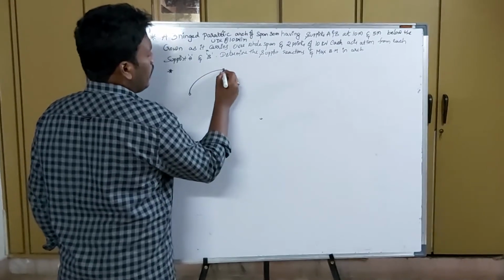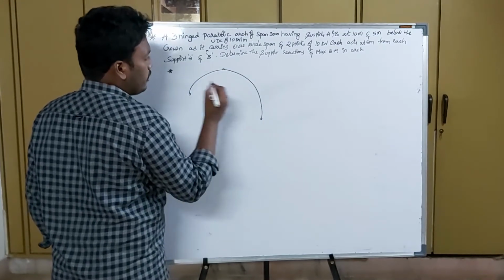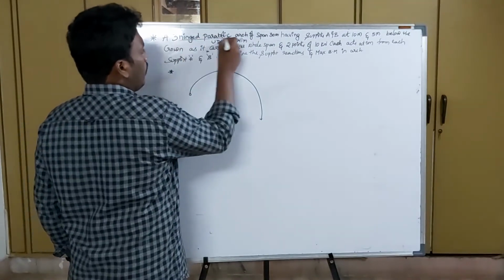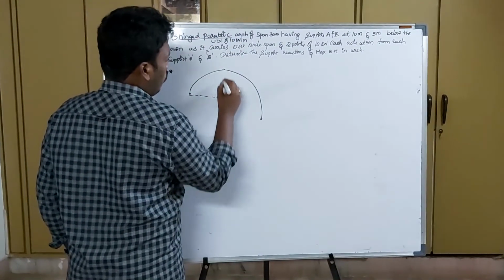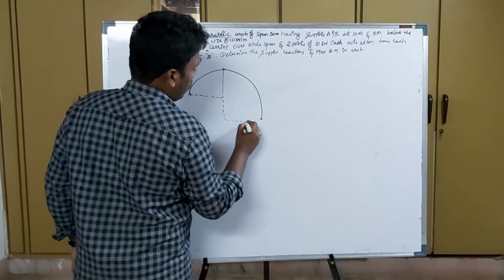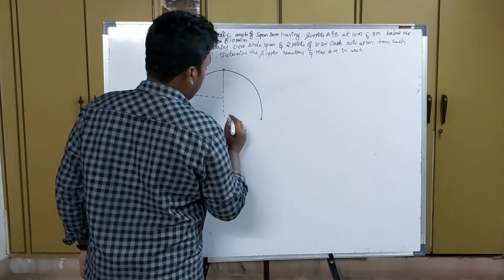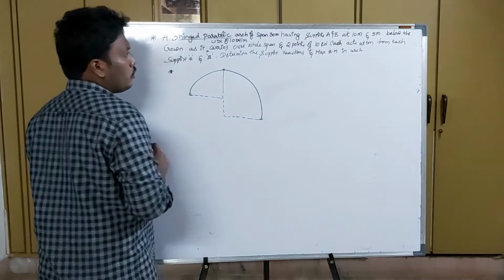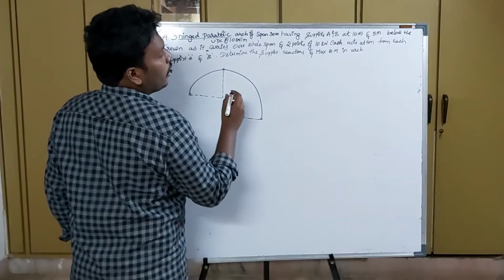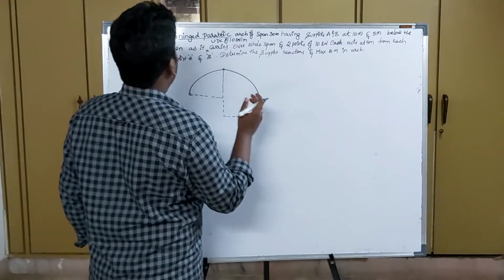So this is a left arch and this is the right arch. This is a parabolic shape. So let us see the clue given to us. We are at 10 meters and 5 meters below the crown.